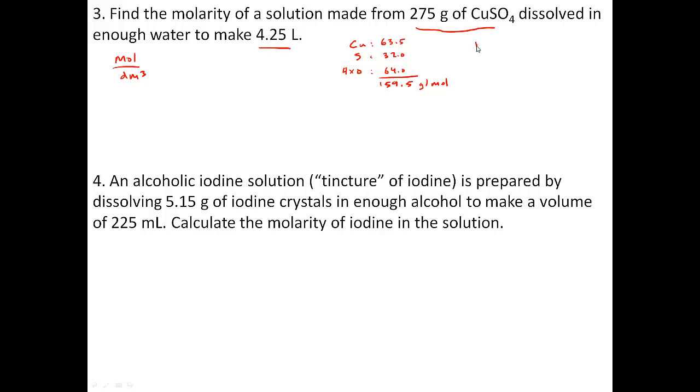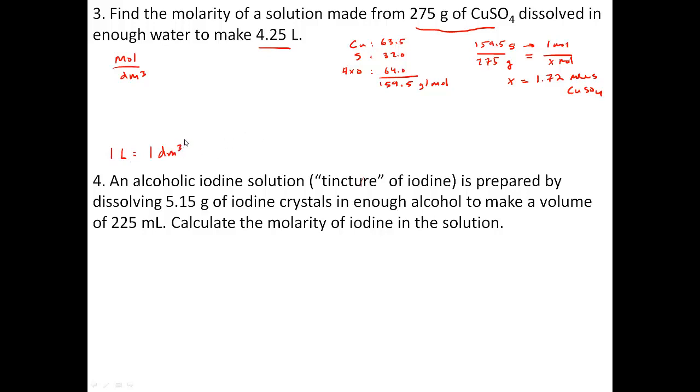So if 159.5 grams is in 1 mole, if I have 275 grams, how many moles is that going to be? Well, just set up the ratio. Solve for x. This will be 1.72 moles of copper sulfate. Now, 4.25 liters. Now remember that a liter is equal to 1 decimeter cubed.